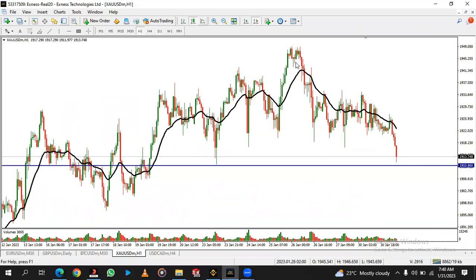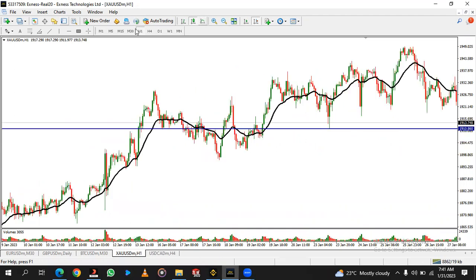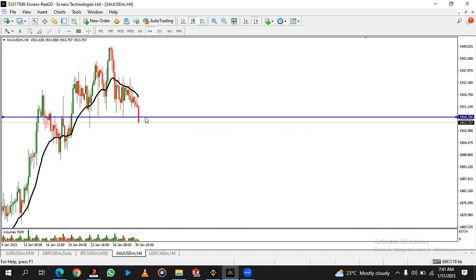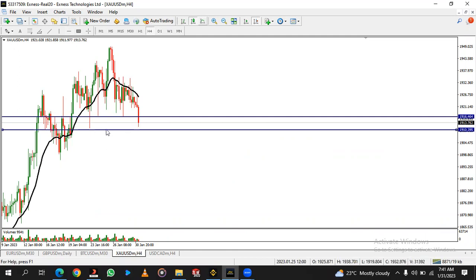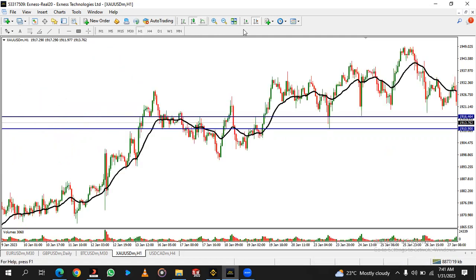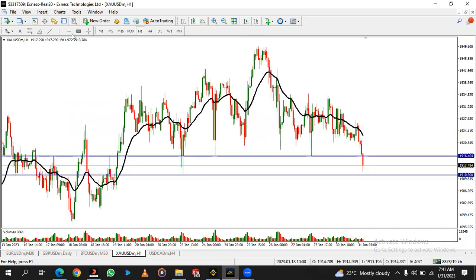Actually, this 4 hour level was holding price, and we now have a close below this particular region that was holding price. So for now, the 1 hour time frame market structure is what is controlling the gold market.